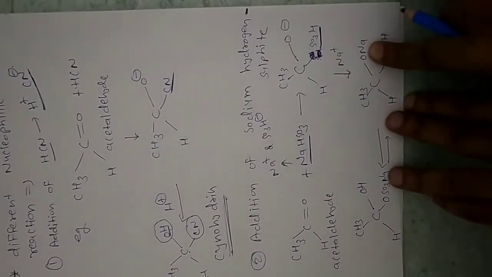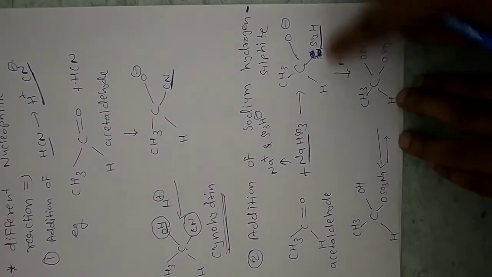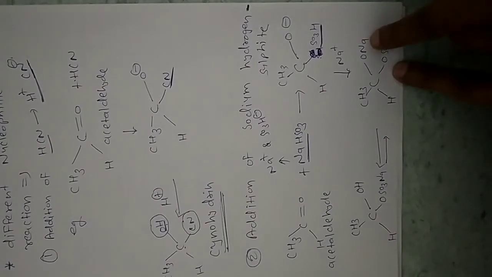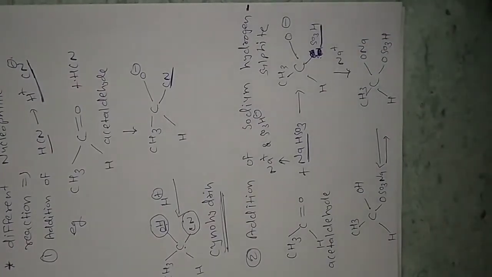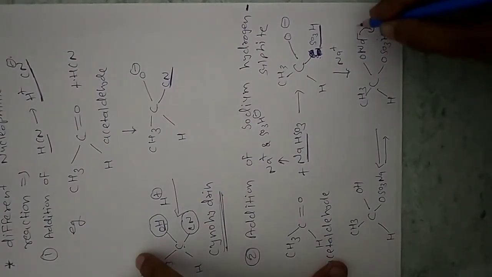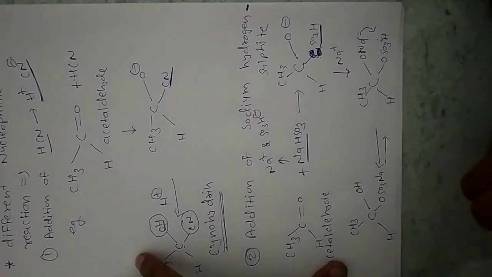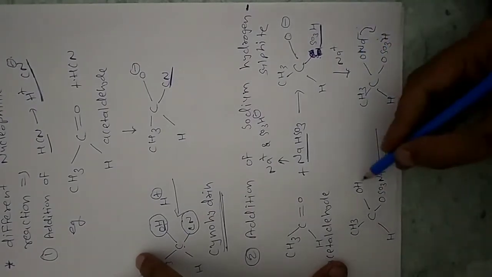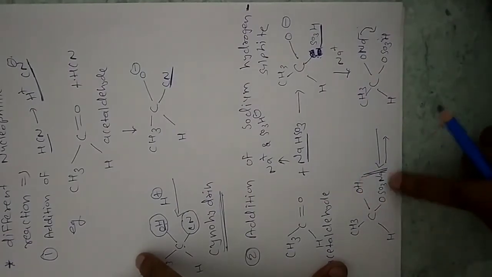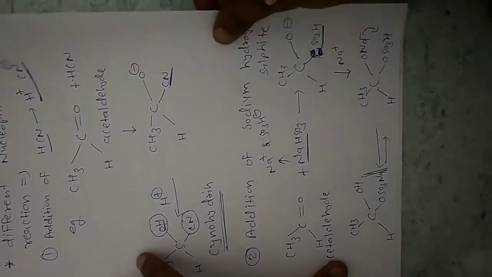Now in the next step, we have the positive ion Na plus, so oxygen will attach with that sodium, giving ONa. Now in the next step, H and Na both exchange their places, so you can see this product will have OH and SO3Na.